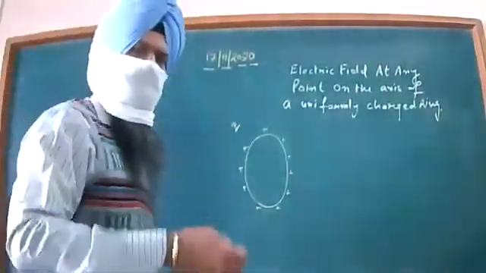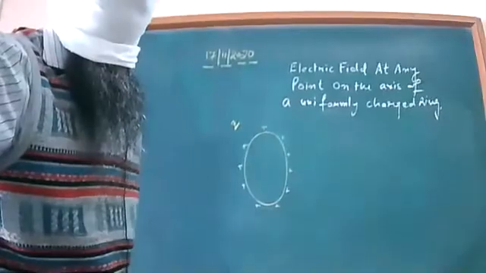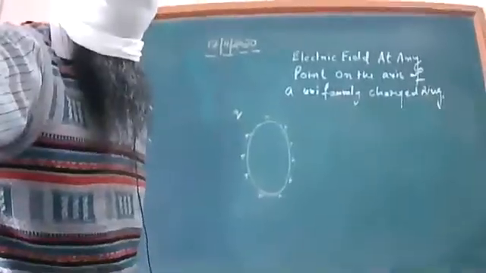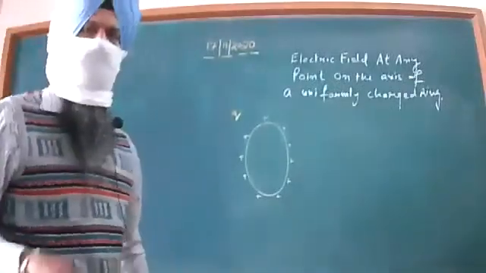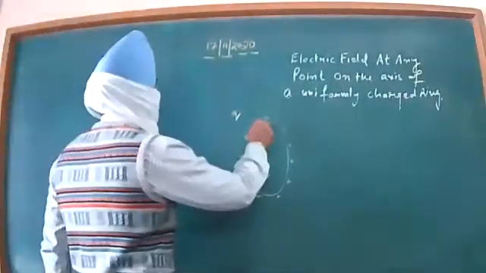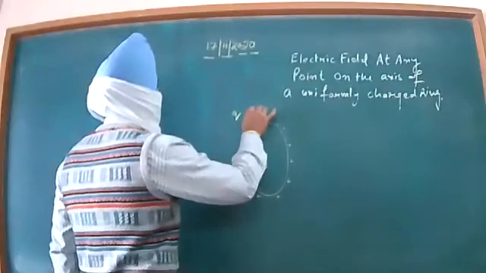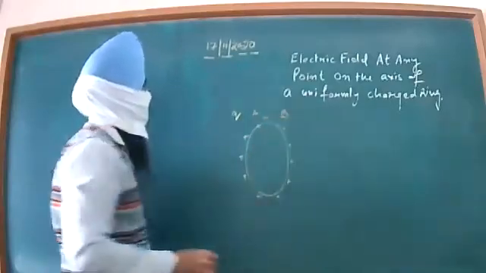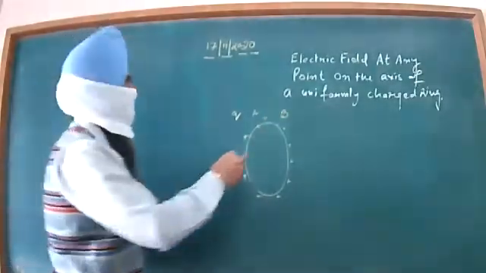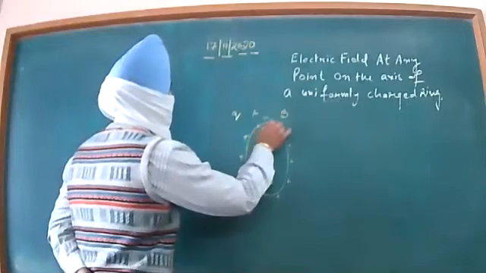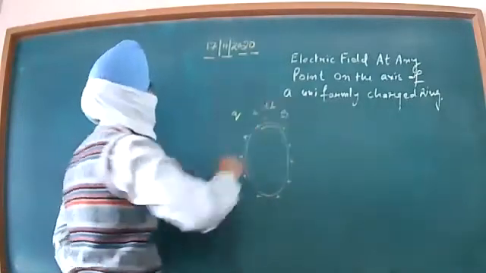If we talk about any element on this ring, we may consider some element AB. Imagine the length of this element, beta, to be dl.